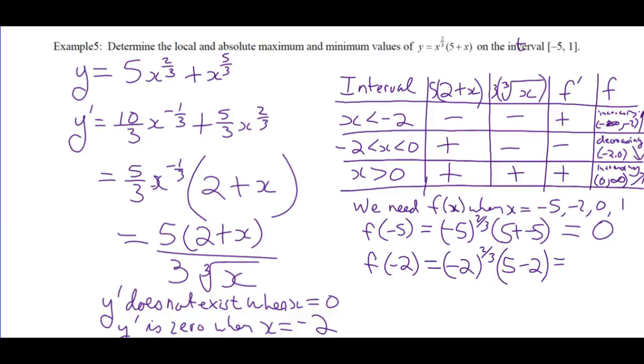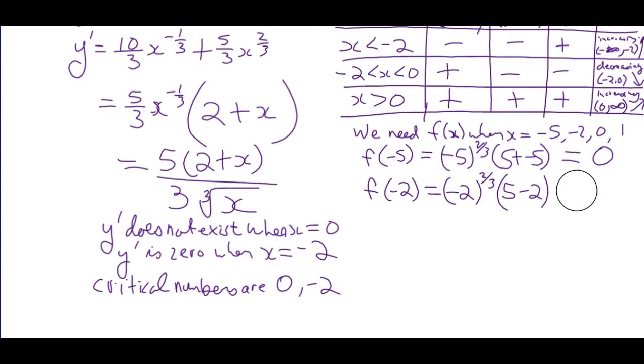Well, okay, let's expand this a little bit. Here, we'll go down. So this is the cube root of -2 squared times 3. Okay, so if I take a cube root and square it, I'm going to get a positive, right?